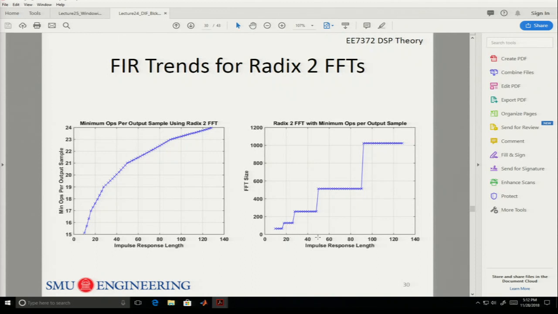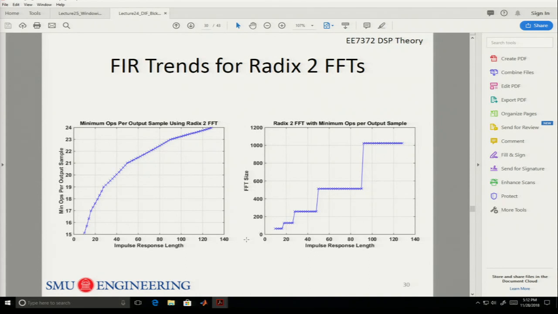If we did a 56-point impulse response, that puts us right in at 512. So I happen to choose a good one for our particular application. But if we wanted to go up to 110, well, then we'd need a 1024-point FFT. That's the one that gives you the minimum number of complex operations per output sample.